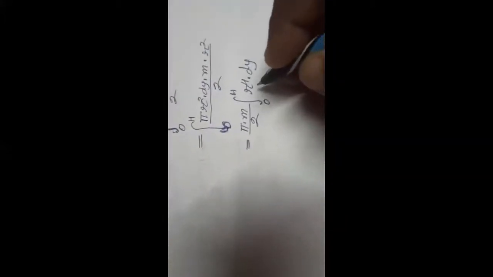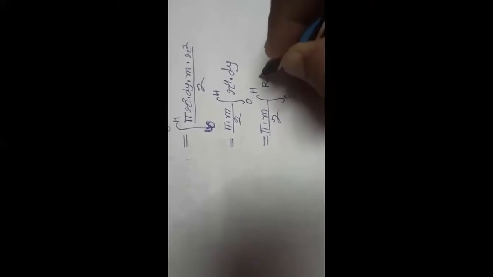So now put this value here. This will be equal to pi into m divided by 2, integral from 0 to h, and on putting this value, R to the power 4 upon H to the power 4 into y to the power 4 into dy. So pi into m into R to the power 4 upon H to the power 4, and the integration 0 to h of y to the power 4 dy.